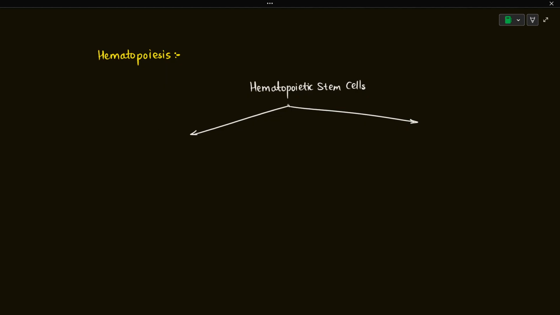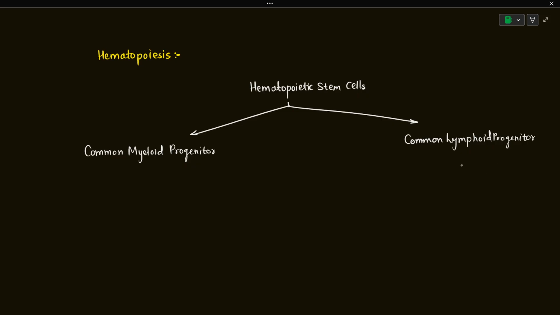So if the hematopoietic stem cell commits itself to the myeloid lineage, it is going to form the common myeloid progenitor. And if the hematopoietic stem cell commits to the lymphoid lineage, then it is going to form the common lymphoid progenitor.